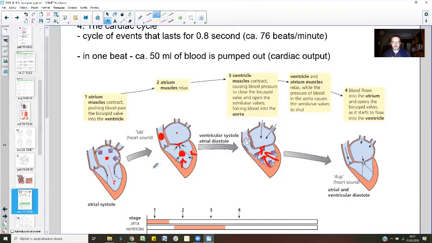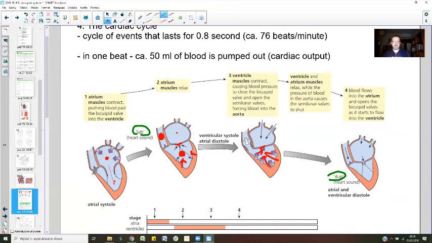Closing the valves is called the lub and dub sounds. We can hear the sounds of the heart when we listen to our own heart using the stethoscope, or even if you close your ears, you may hear the blood flow, but you also hear the two sounds.